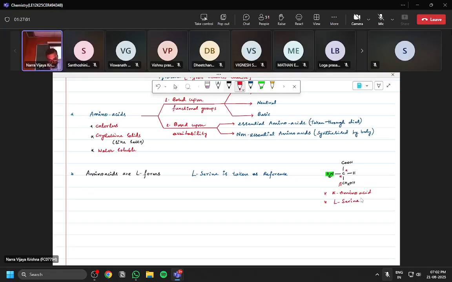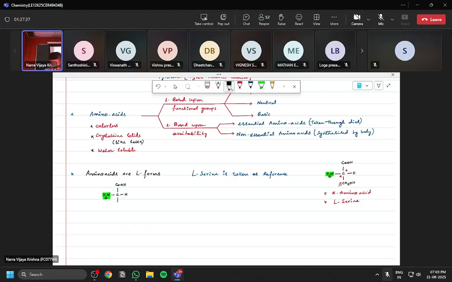Now, all amino acids are L forms means in all cases, on the second carbon, NH2 must be towards the left, right? This is fixed. For all amino acids, this position is fixed. Only the difference is the next chain.